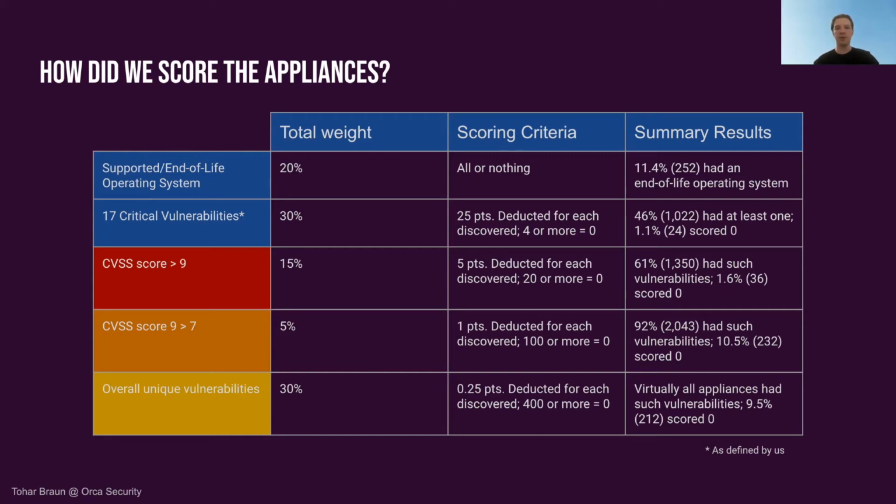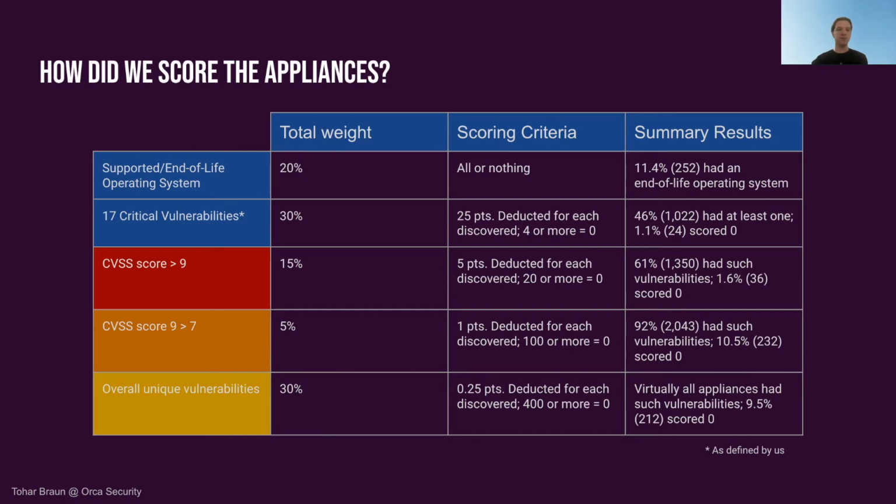The second criteria was 17 critical vulnerabilities that we've defined. We're talking about high-profile vulnerabilities such as Bluekeep and Heartbleed, something that is very easy for even a beginning hacker or any script kiddie to exploit and take advantage of. The third criteria were vulnerabilities with a CVSS score over 9.